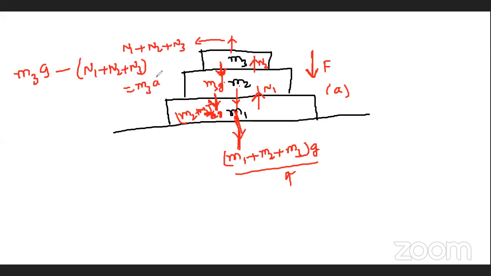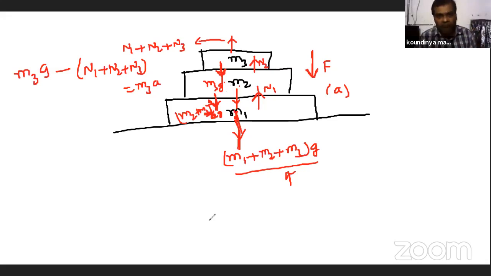Similarly for M2. In these kind of problems, we need to analyze and think. If the object is moving downwards, what I know is downward force is more than the upward force. So downward force minus upward force equals the motion in the block.